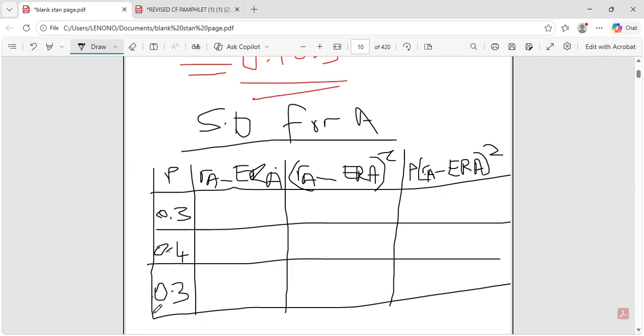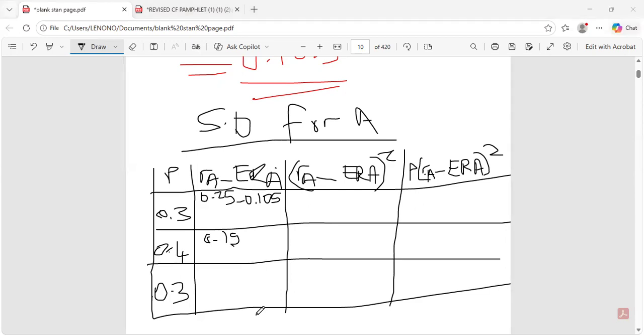Then here you come and start solving. Return of A, so it will be 0.25 minus 0.105. Then the other one is 0.15 minus 0.105.